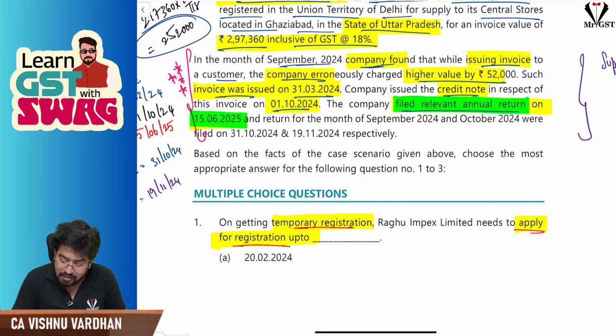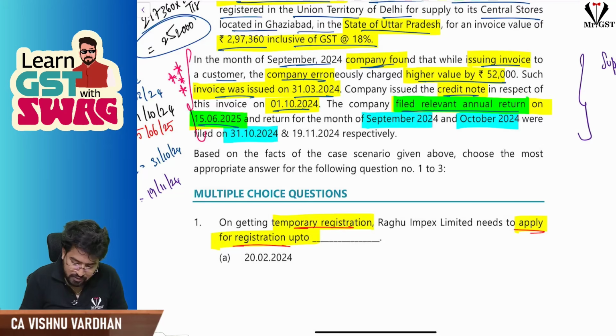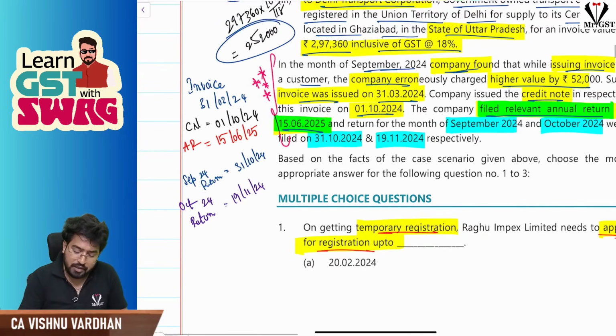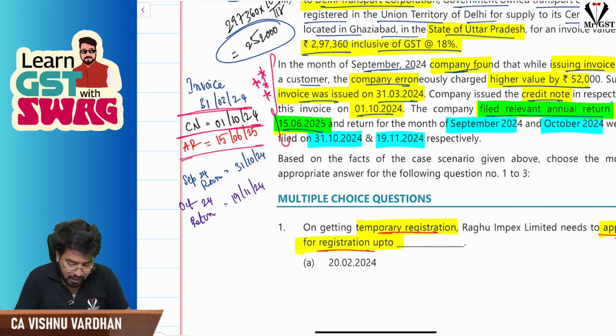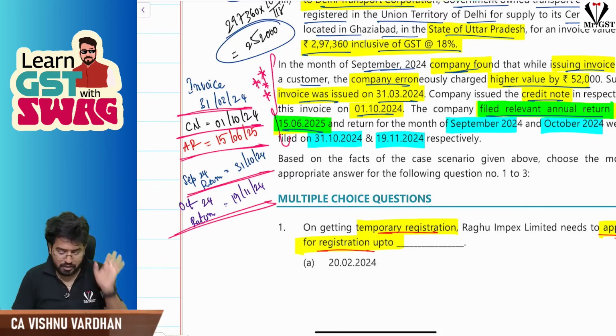They filed the relevant annual return on 15th June 2025, and the September 24 and October 24 returns were filed on 31st October and 19th November respectively. That means the invoice is on 31st March 2024, credit note 1st October 2024, annual return of the relevant financial year 15th June 2025, September return 31st October, October return 19th November.